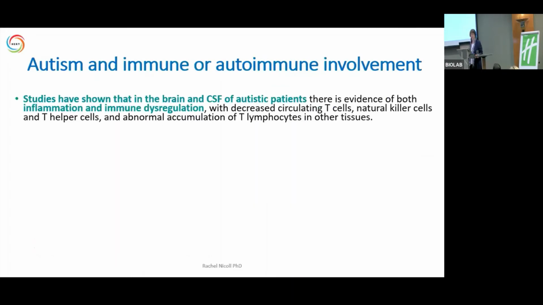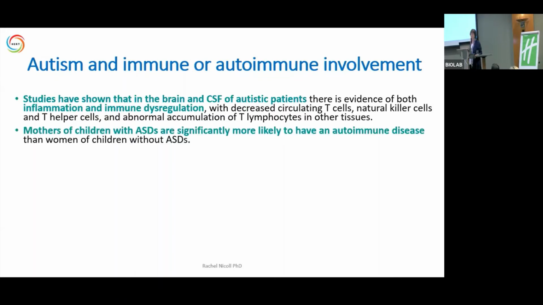So, studies have shown that in the brain and cerebrospinal fluid of autistic patients, there is evidence of both inflammation and immune dysregulation. And in the mothers of children with autism spectrum disorders, they are significantly more likely to have an autoimmune disease than mothers of healthy children.